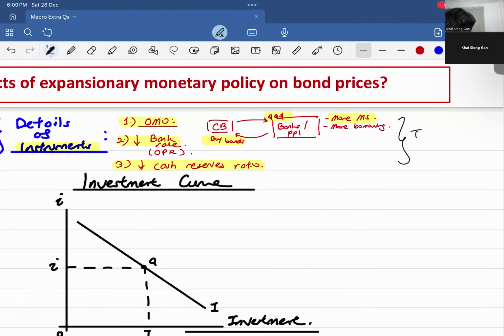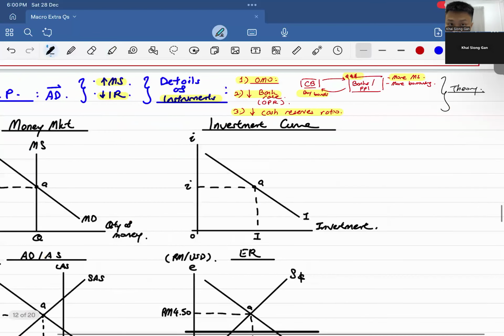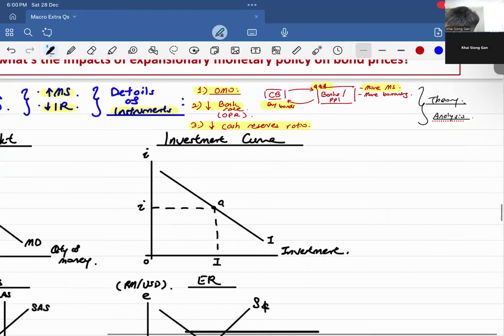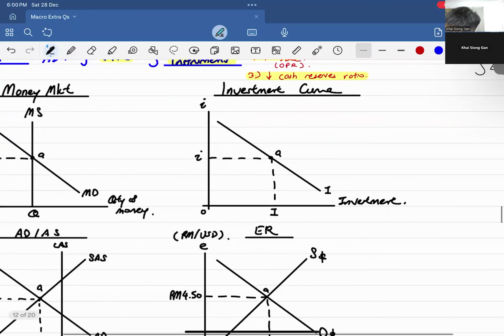And here, because it's a big question with graph drawing, you write that into your analysis as well. At the end, we talk about how this results in higher money supply. All these are part of your analysis in this question. So now money supply will increase.